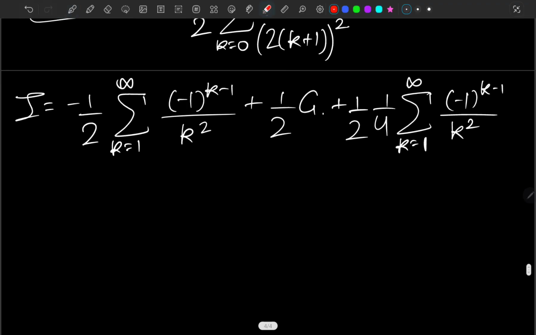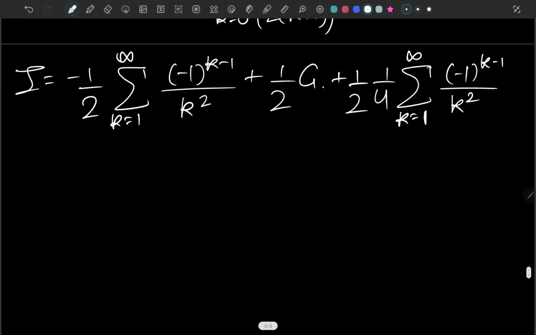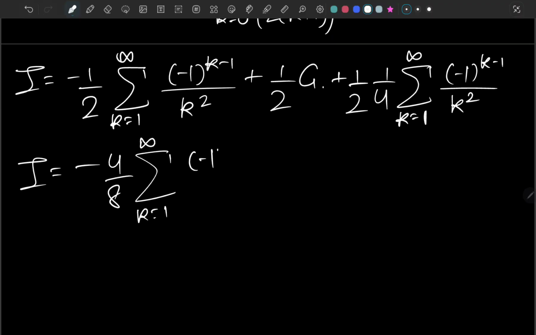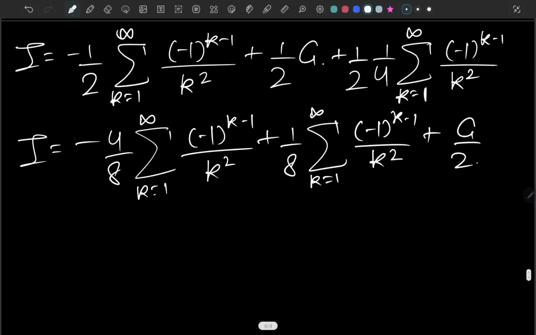Now we can combine this one and this one at once. So basically I can write this as 4 over 8, the sum as k goes from 1 to infinity of negative 1 to the k minus 1 over k squared, and this is 1 over 8, the sum as k goes from 1 to infinity of negative 1 to the k minus 1 over k squared, and don't forget about this Catalan's constant over 2.